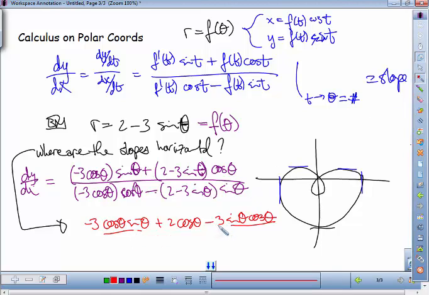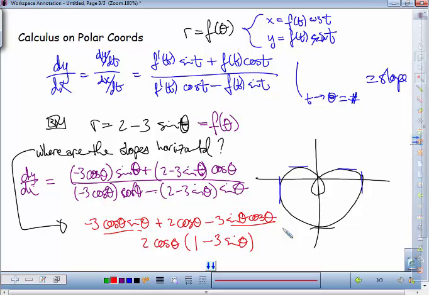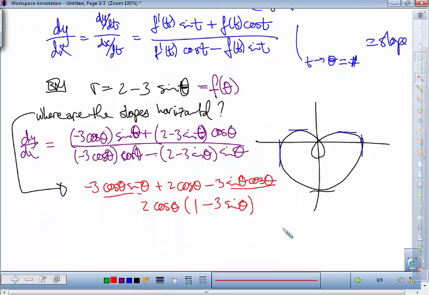So I got negative 6, and then there's a 2 cosine theta, so let's take out a 2 cosine theta. And this would be 1, and then we took out a 2 from the negative 6, so that's 3. And then this took out a cosine theta as well. Hopefully that's right. Does that look right?